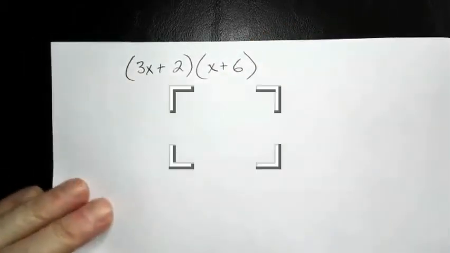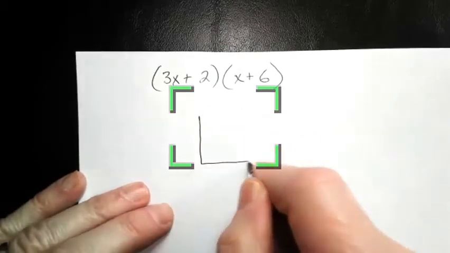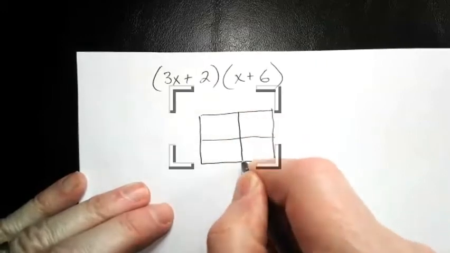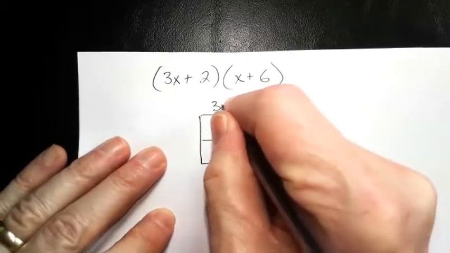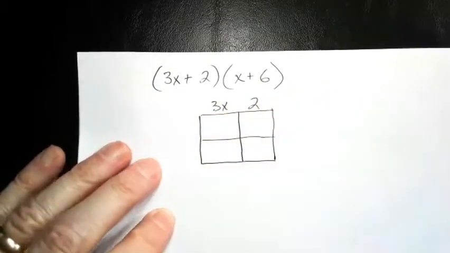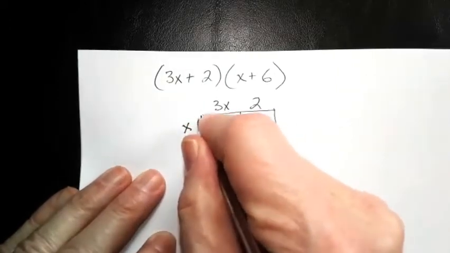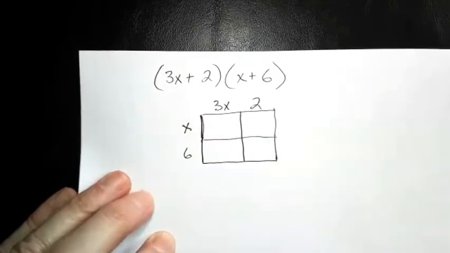This is what's called the box method. What you do is you take this first one, 3x plus 2, and you put that on top, 3x and positive 2. And then x plus 6, you put that along the side so that this is x and this is 6, and that side's equal to x plus 6.